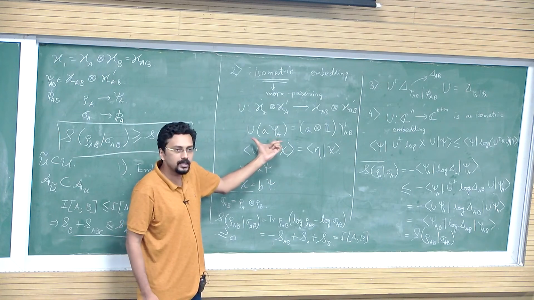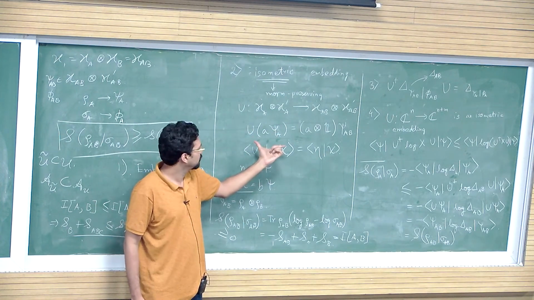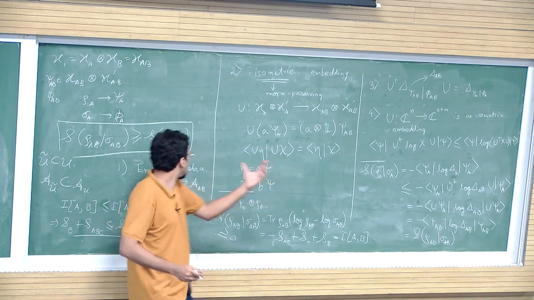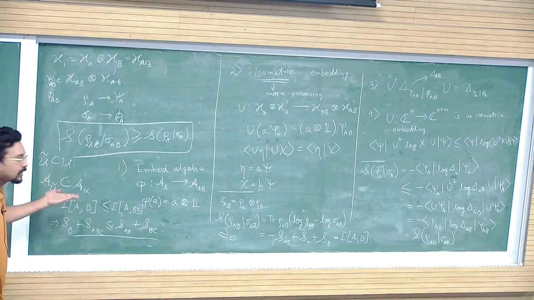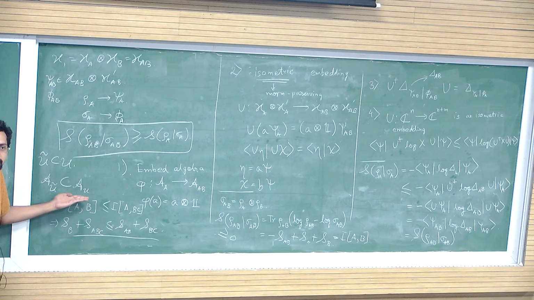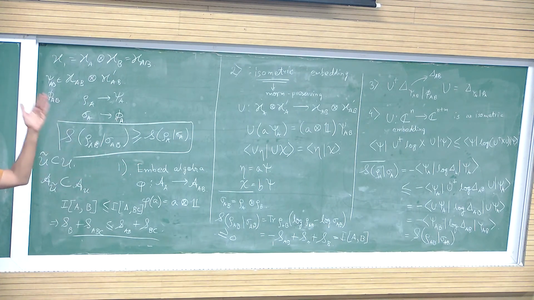All that it is doing is making sure that, see, what is the motivation? We want to imitate this kind of subalgebra structure. Now, for finite dimension, I don't have that. Take the example of Hilbert spaces that I was giving. You have a spin chain of, say, 20 spins, and you have chosen 5.